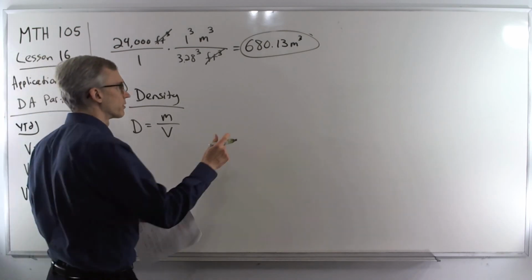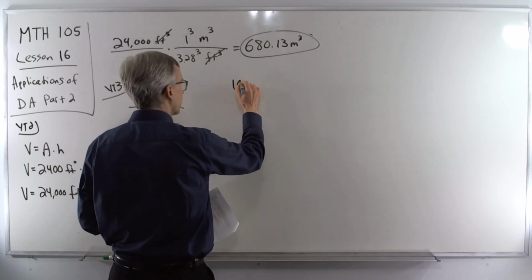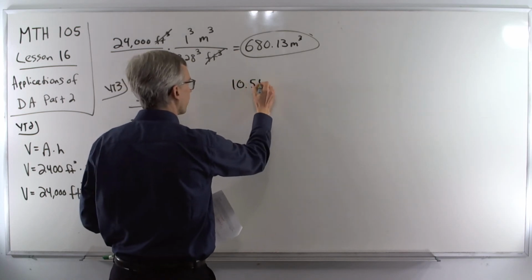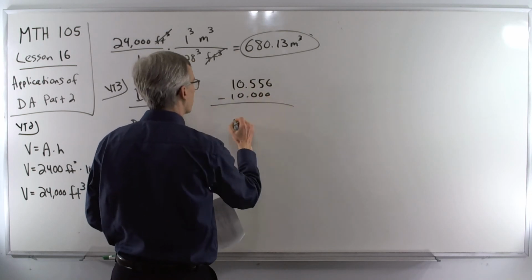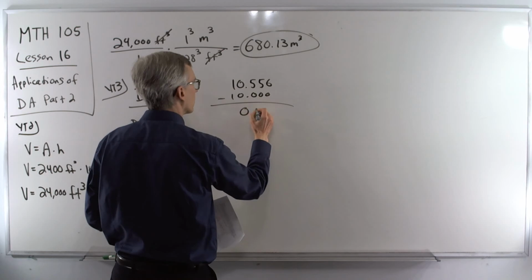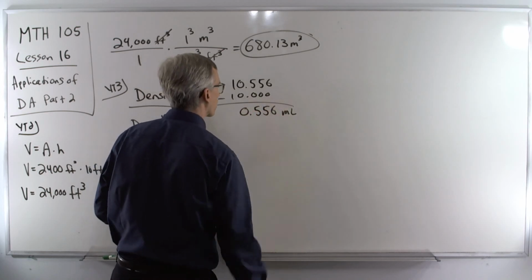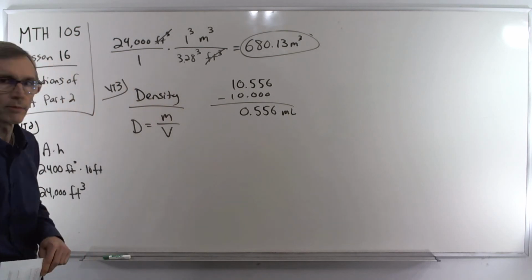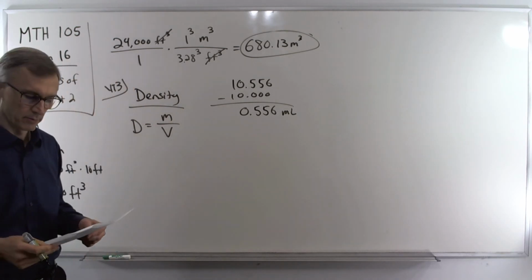All right, we put the ring in the graduated cylinder. The water level rose to 10.556 from straight up 10. And now we know the volume of the ring is 0.556 milliliters.